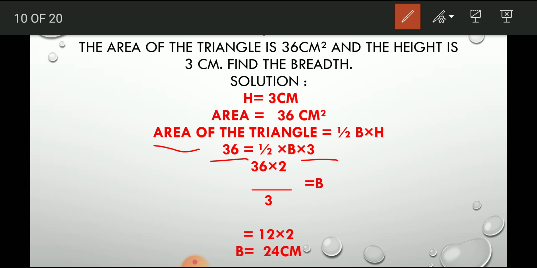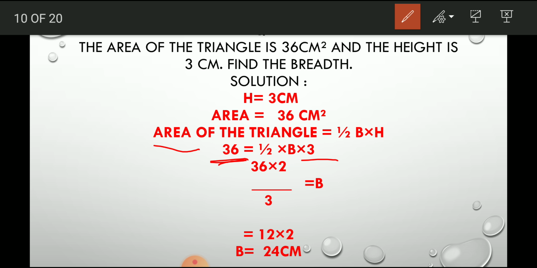We don't know the value of B, and for multiplication we just put the value of H. Okay, so see, the B we just keep there, and the 36 is also here, and the 2 is here as a divided term.